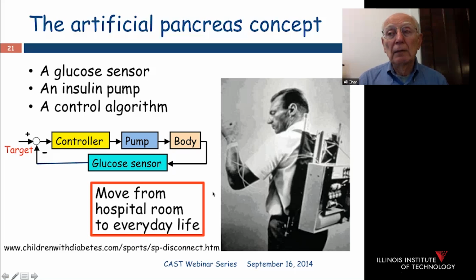And in various countries around the world, nowadays there are some clinical studies that are being conducted for patients that are staying at home and are using the artificial pancreas systems for extended periods of time, anywhere from 1 week to a couple of months for clinical trials.